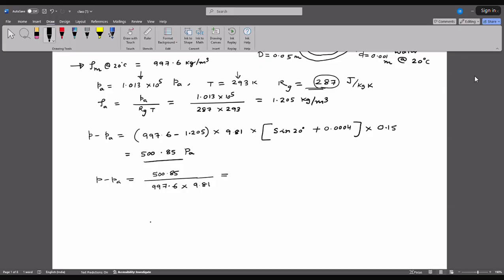When you divide, this is going to be in meter, and if I want it in millimeter, I multiply by 1000. So this will give you 51.2 millimeter of water.